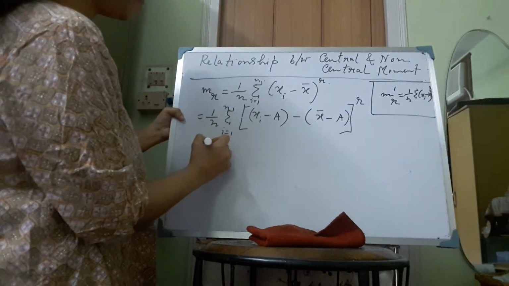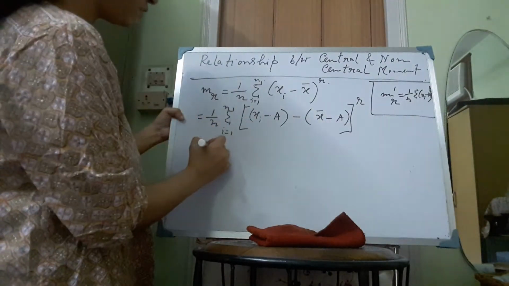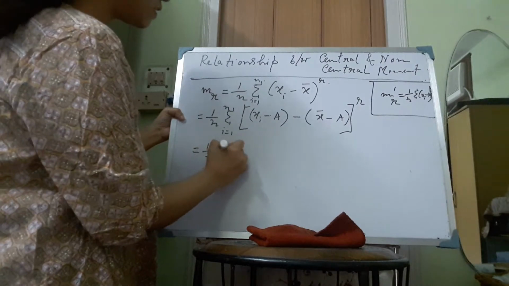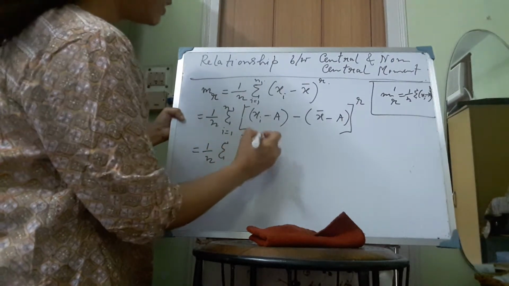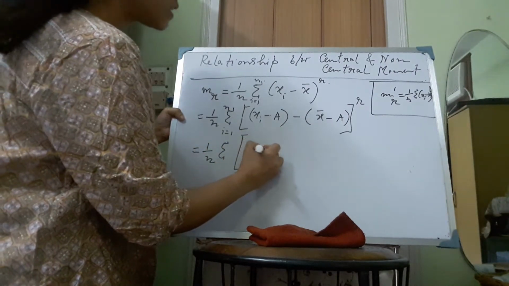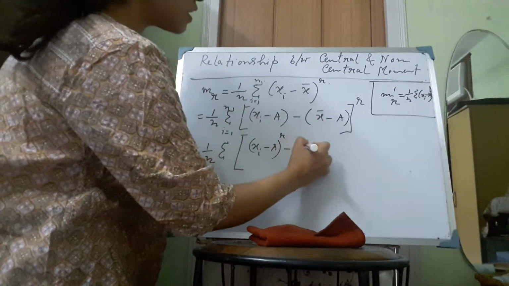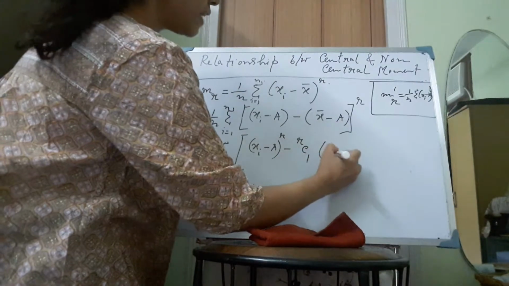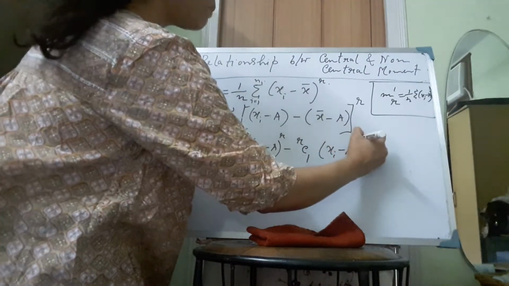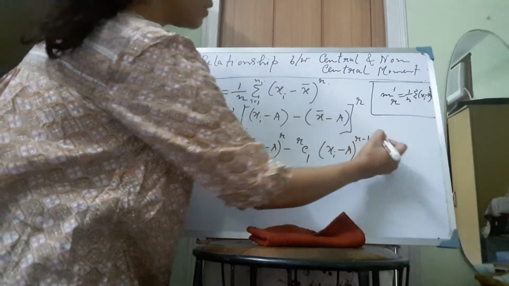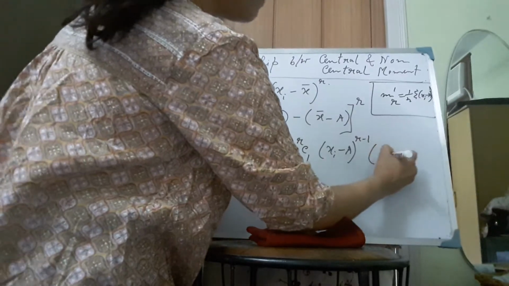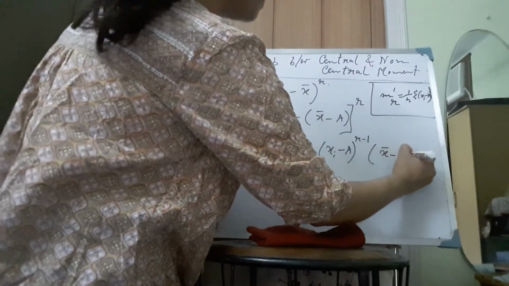Now from here, if we expand this, then we will get 1 by n summation of, within bracket, xi minus a whole to the power r, minus rc1 xi minus a whole to the power r minus 1 times x bar minus a.